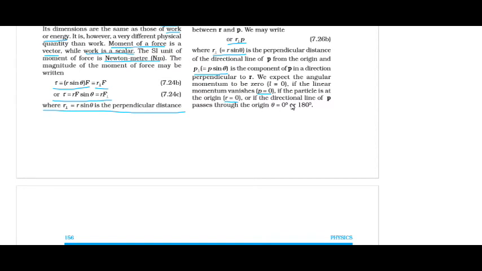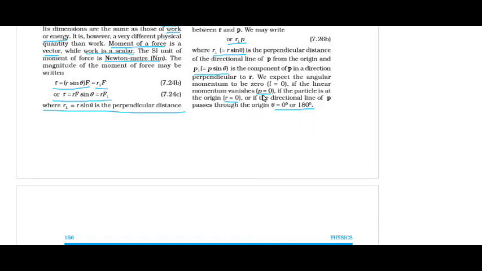If the direction of the line of P passes through the origin, theta is equal to 0 or 180. So in three cases the angular momentum will be 0.